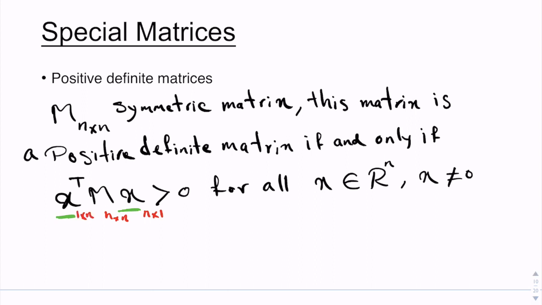So the result of this matrix vector multiplication is a scalar, right? That would be a scalar. And this is also another way of showing the distance criteria or distance metrics, where X is a vector and M is a covariance matrix. But as I said, I don't want to go through details. Just have in mind what a positive definite matrix is.